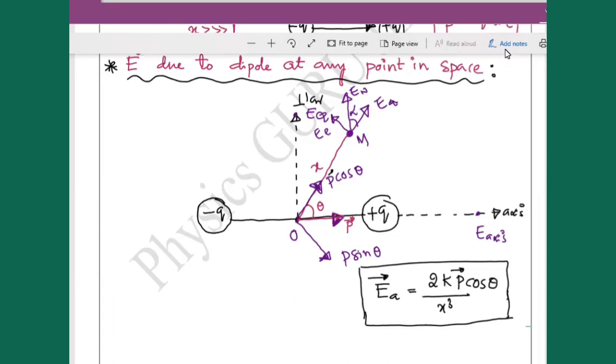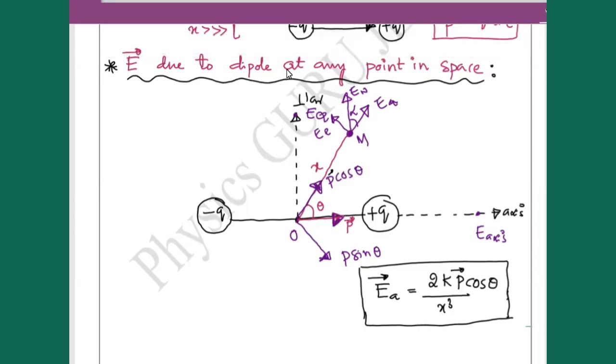Okay. P cos theta. So if I take theta equal to 0, it will come along the axis, right? See, if theta is equal to 0, it will be rotated. Yes or no?